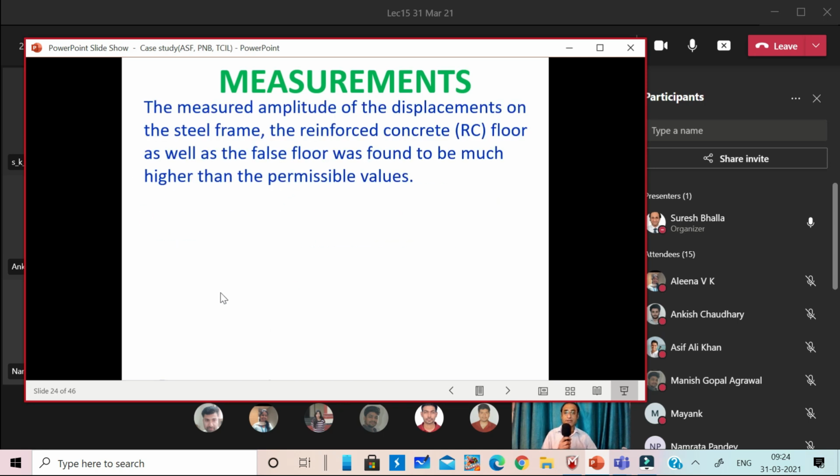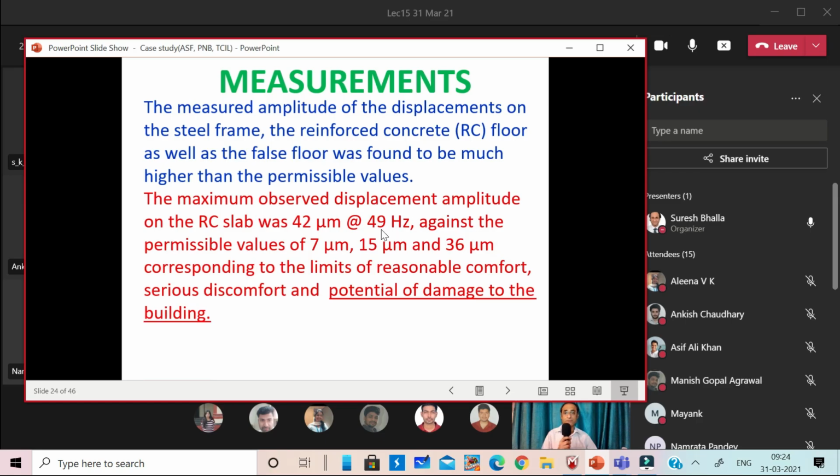We did measurements at various locations in the building, and because the false floor was there, and all the machines were supported on steel frames, we found that the vibration level was much higher than the permissible values. For example, at 42 microns of measurement at a frequency of 49 hertz, the permissible values are 7, 15 and 36 microns for reasonable comfort, serious discomfort and potential damage to the building.